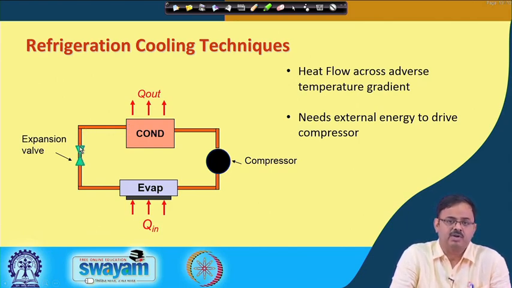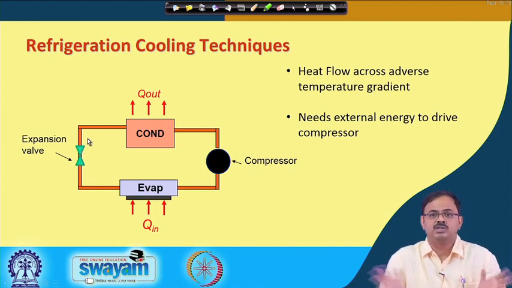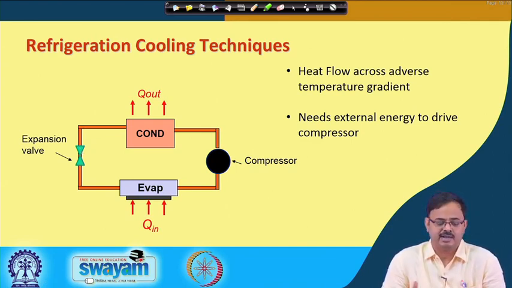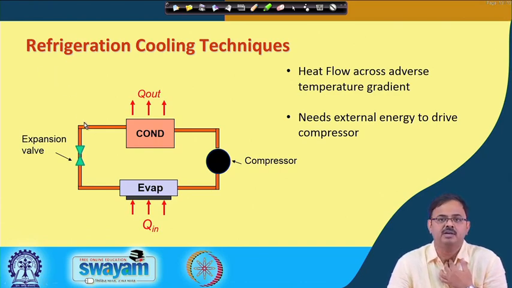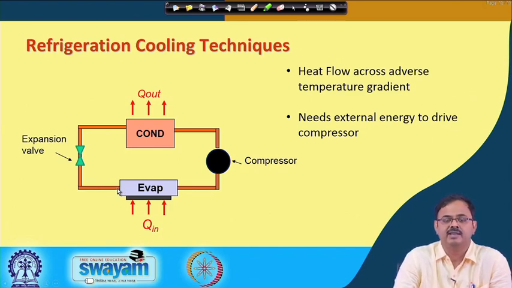And then we have something called an expansion valve, where it undergoes a sudden expansion, a large pressure drop, as a result of which the refrigerant cools down and expands to a lower pressure. What comes out here is again the refrigerant liquid or a mixture of liquid and vapor at a low pressure and temperature, and this is how the cycle continues, extracting heat from the evaporator section, rejecting heat out at the condenser section. So, for the CPU, I am going to place this evaporator on the CPU, which is generating the heat.